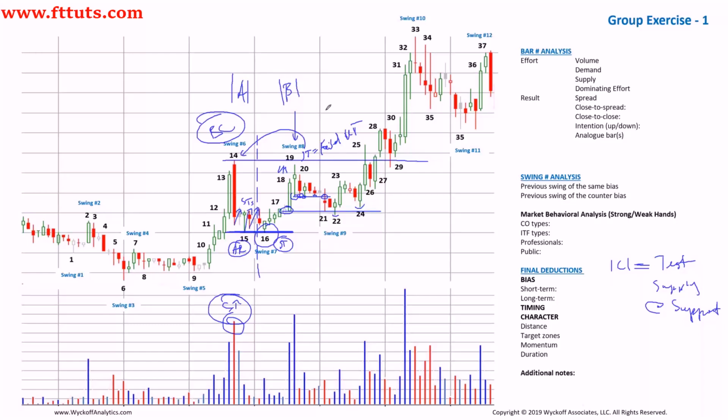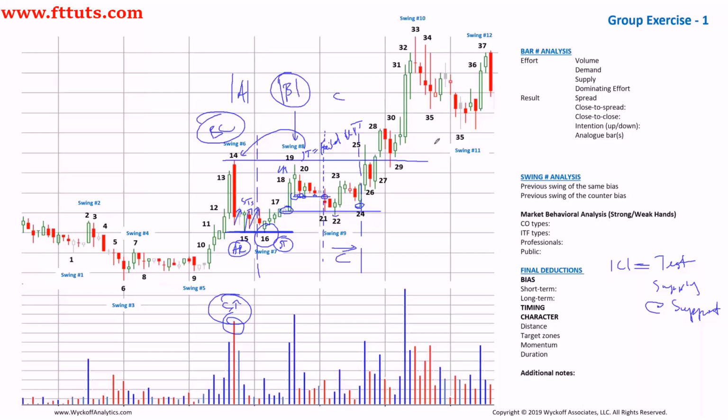So this should be the beginning of phase C with that bar. And then the conclusion is going to be not at 22, but as Ronnie has said, some testing action at 24. So that would be our phase C, and then obviously everything in between is going to be phase B.